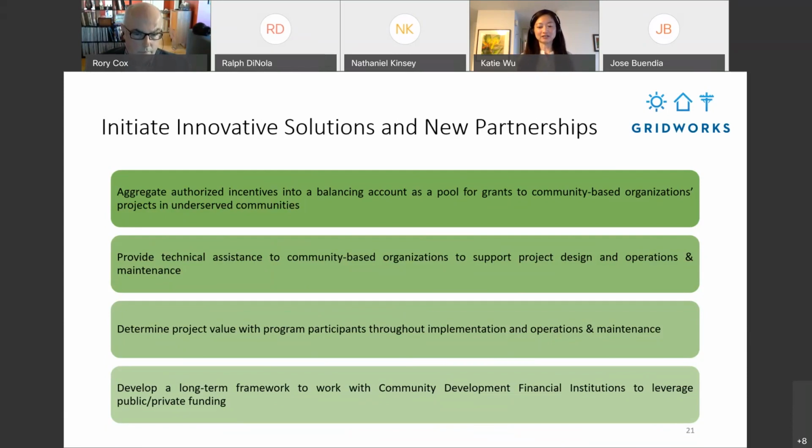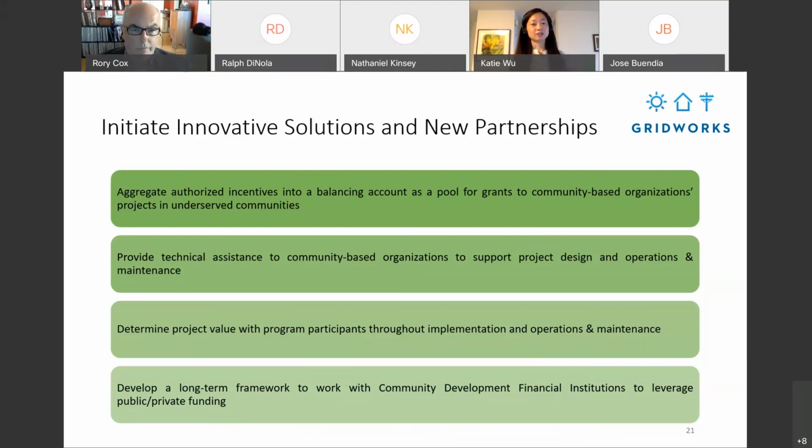transformation that we're seeking. So you might try aggregating incentives into a pool of grants for community-based organizations that are already working in underserved communities. Those organizations have already built trust with the communities, so it may be a little bit easier for them to intervene in underserved communities that aren't familiar with either the CPUC or program administrator programs.